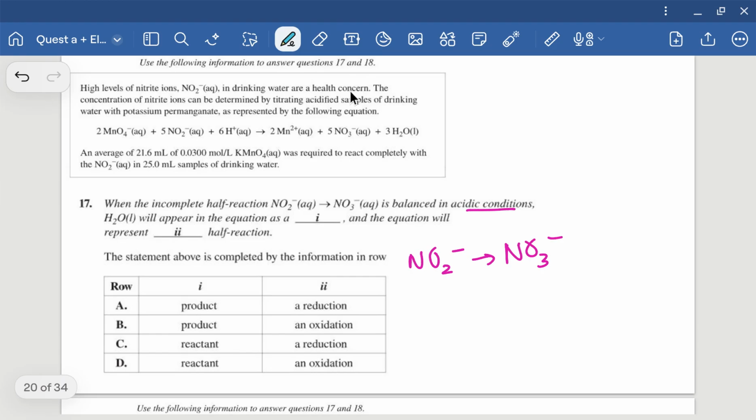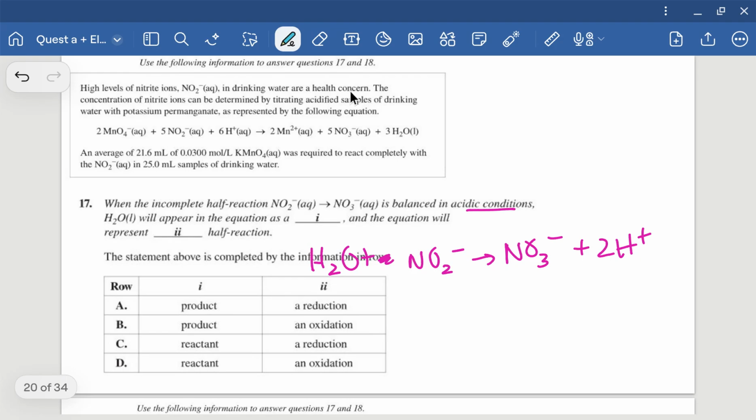Doing that, I could see that nitrogen is already balanced. I need to add in 1 water on the reactant side, but positive twice. Then I would want to add in 2 hydrogen ions to balance out the water. And then lastly, I need to balance my charges. So I would just need 1 more electron.